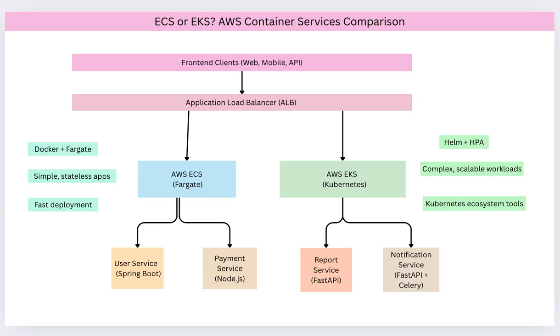Before we jump into the differences, let me explain how incoming requests flow in this architecture. All client requests, whether from web, mobile apps, or APIs, first hit a single application load balancer or ALB. This ALB acts as the entry point to our microservices platform, routing traffic intelligently.